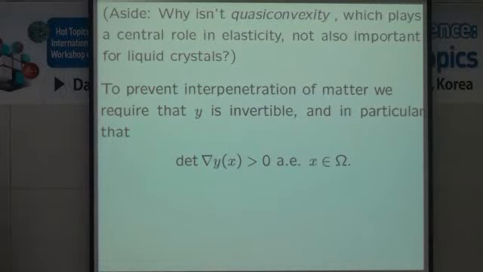So there's a pointwise constraint on the gradient of y. In this liquid crystal problem, we've got a pointwise constraint on Q, and so the question is, how is this constraint maintained in elasticity theory?